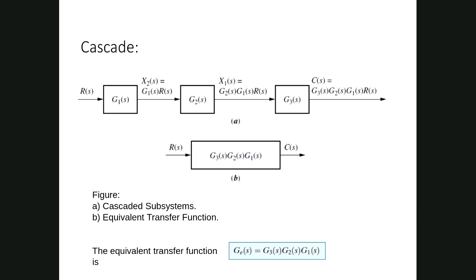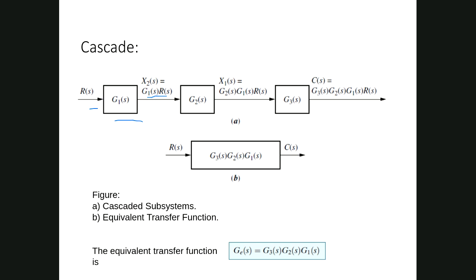Yes, so look at it now. We have R going into G1. So this signal here is X2. X2 is G1 times R. We know that. Then that is going into G2.